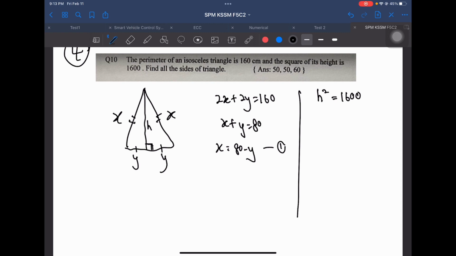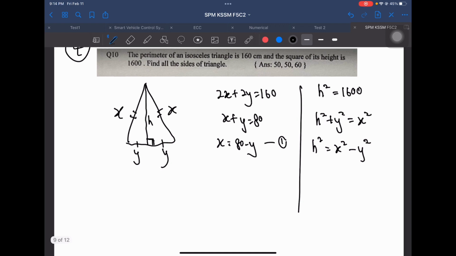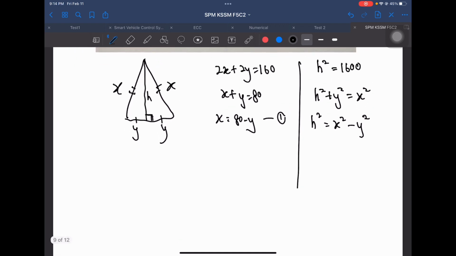Pythagoras theorem. By doing Pythagoras theorem, a squared plus b squared equals c squared. In this case, h squared plus y squared equals x squared. So you get h squared equals x squared minus y squared, which implies x squared minus y squared equals 1600.